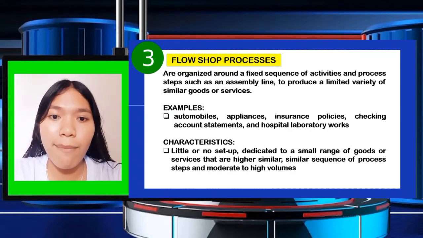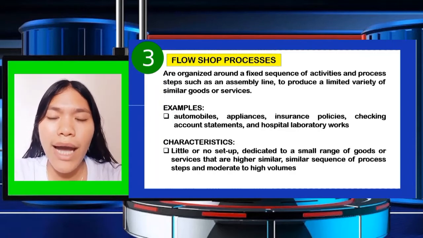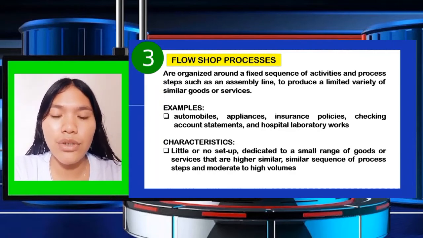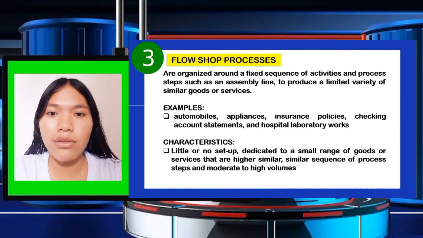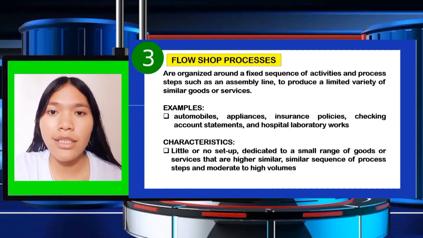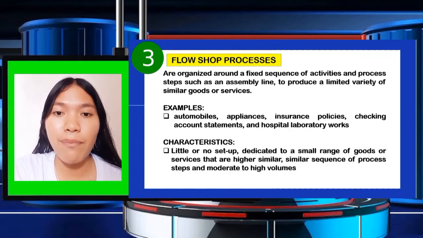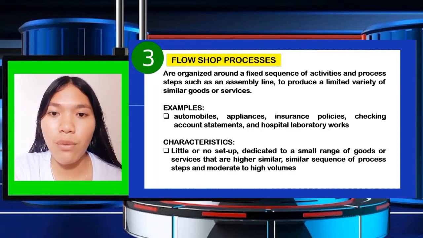So, examples of flow shop process are automobiles, appliances, insurance policies, checking account statements, and hospital laboratory works. As I have said earlier, sa flow shop, both ang machines ug ang humans ang mag-produce sa goods and services.